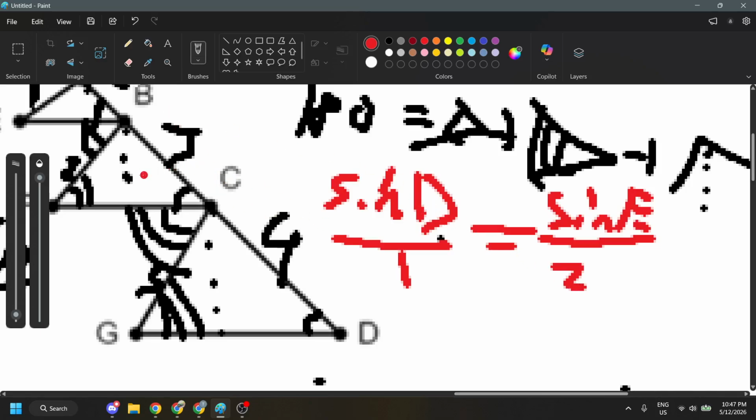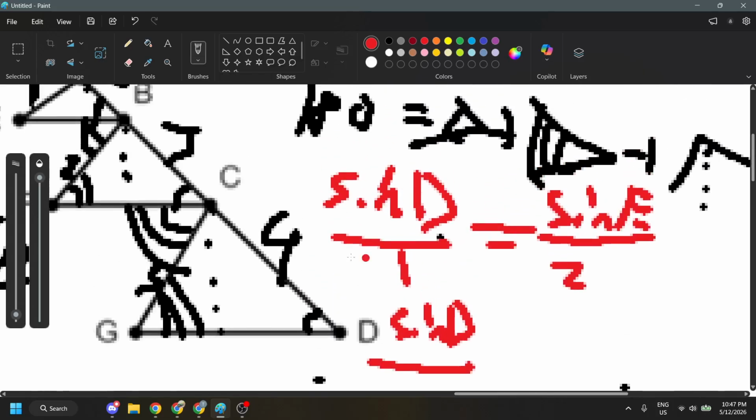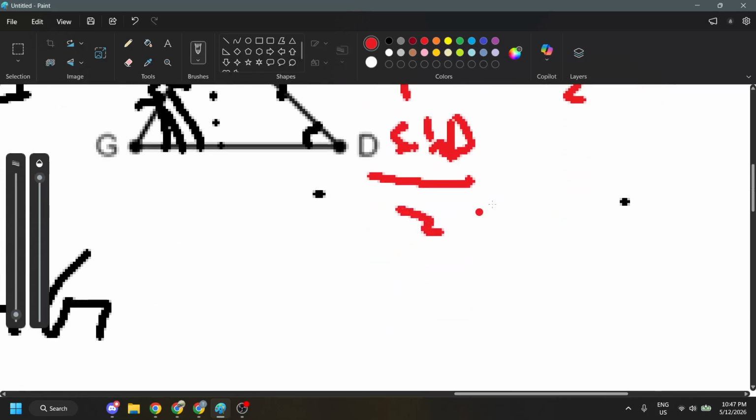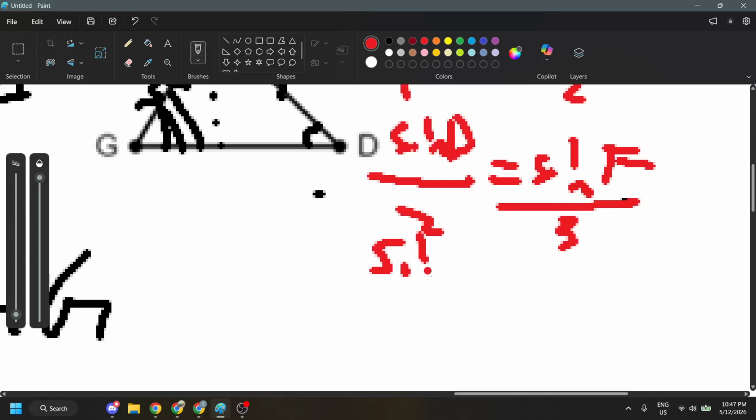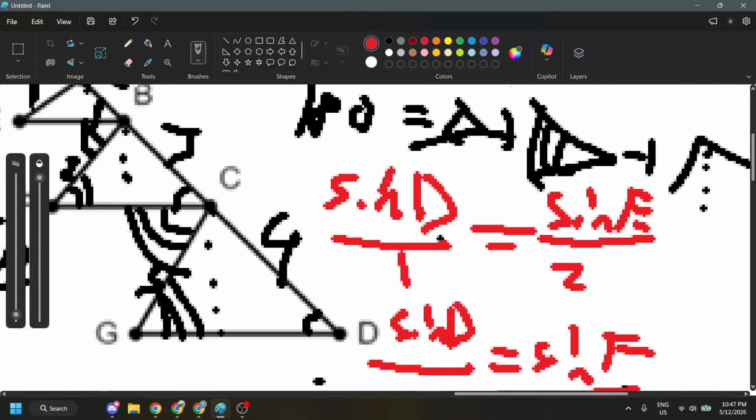Then we just continue it for this one, so sine D over 2 is equal to sine F over 3, and sine D over 3 is equal to sine G over 4. Solve for sine of D, set them equal to each other.